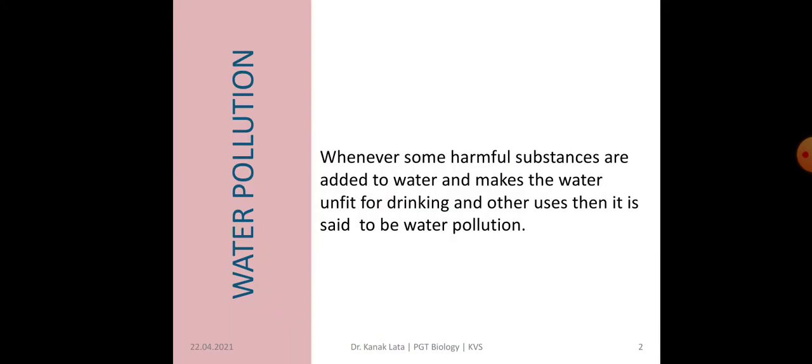First it is about water pollution. We know that water is used for various activities, but human beings are responsible for making it dirty. Why? Because we are washing clothes, we are bathing, we are doing several activities, so that makes our water dirty.